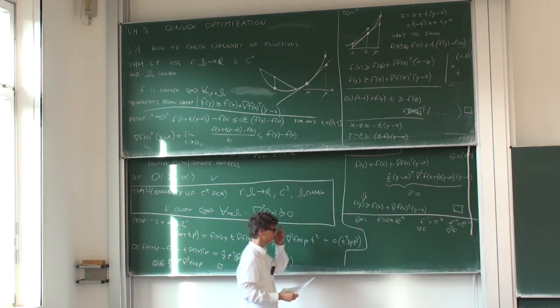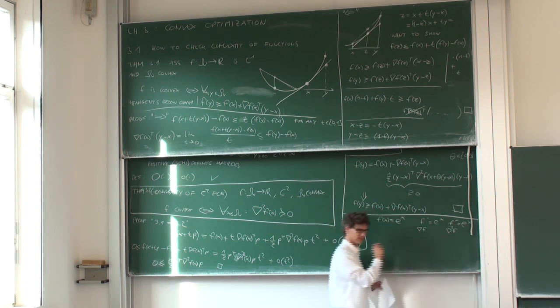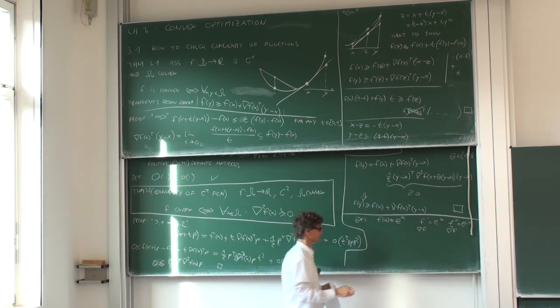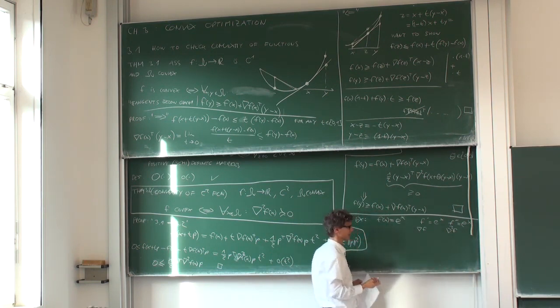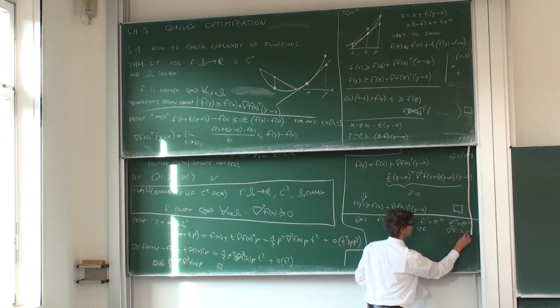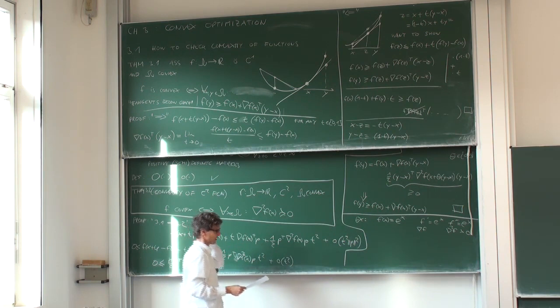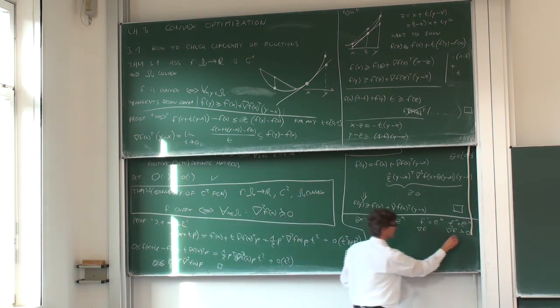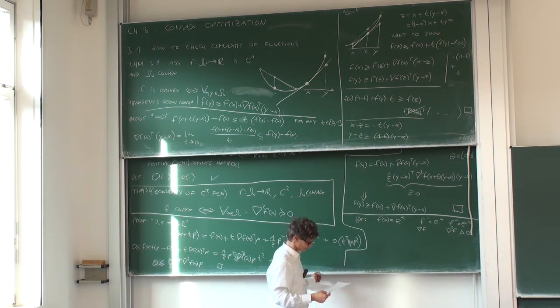It's just a one-dimensional function. This is something which is always positive, whatever the value of x is. So we have checked convexity in a computational way now. Actually, it will be strictly positive, but we don't need that for convexity, so it will be non-negative.